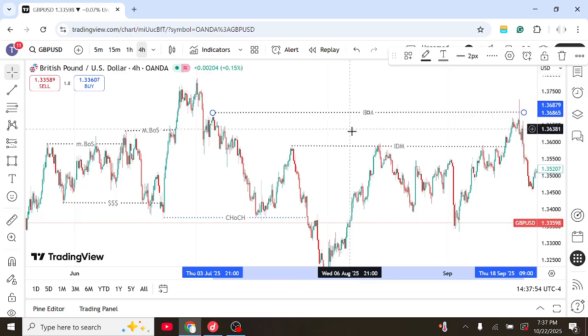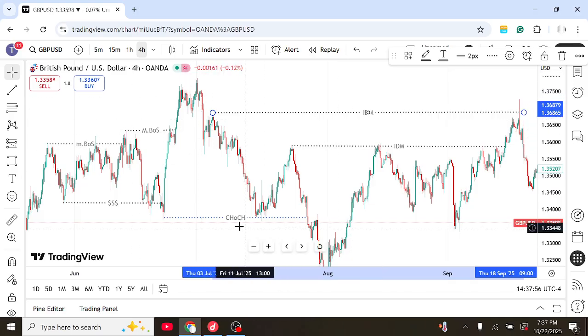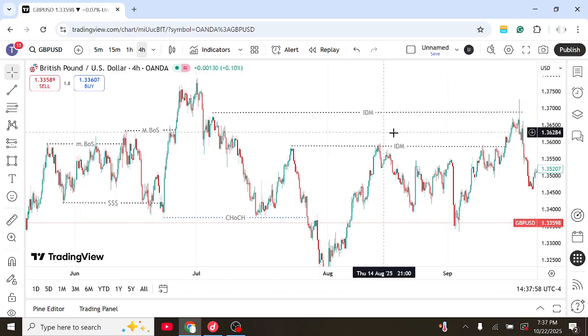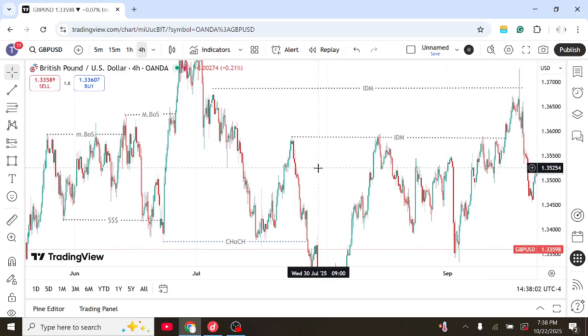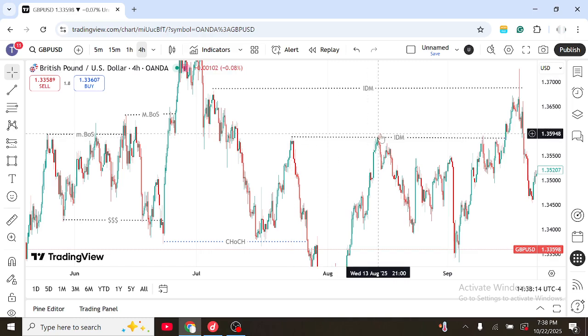This change of character created two inducements. You understand? Now this point is a point where we can actually look for an entry, a point of interest in the future, because we are looking for price to take this level out to induce this level, and it did just that.